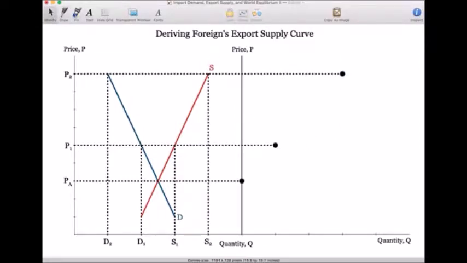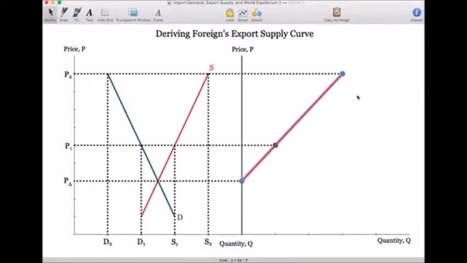So those are our 3 points. We can connect those 3 points together. And again, let's make that a solid line. And I believe your textbook has this as a red color, so let me pull that up to make it consistent with your textbook.